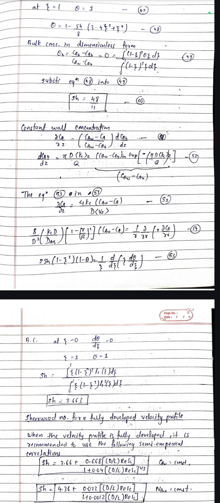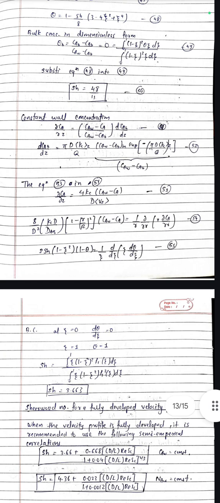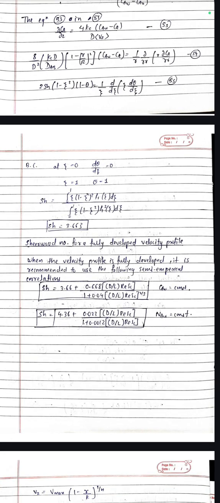Then dCAB by dZ is equal to pi d Kc by Q into (CAW minus CAB in) into exponential of minus pi d Kc Z by Q. We can write CAW minus CAB as (CAW minus CAB in) into exponential of minus pi d Kc Z by Q. Using equations 53 and 51, we get del CA by del Z is equal to 4 Kc (CAW minus CA) by D. After solving the equation, we get Sherwood number as 3.663.